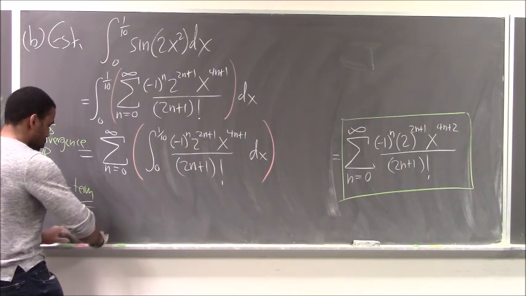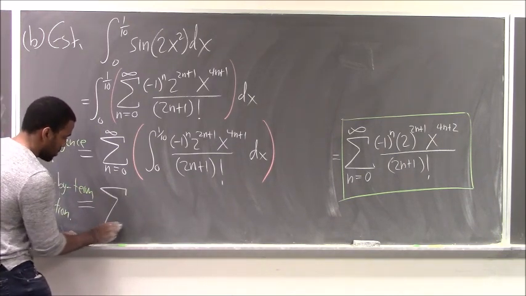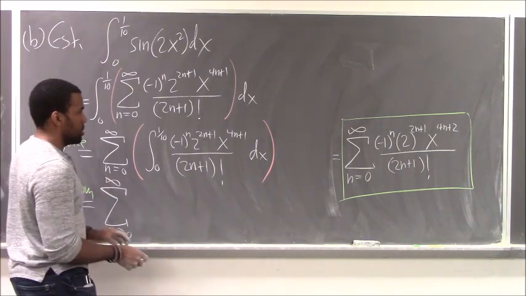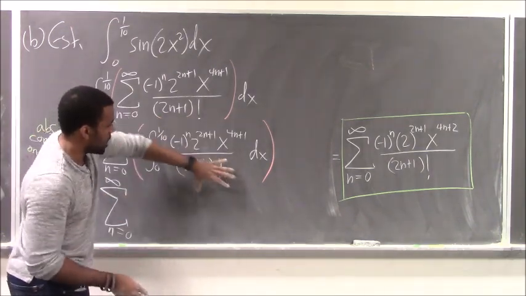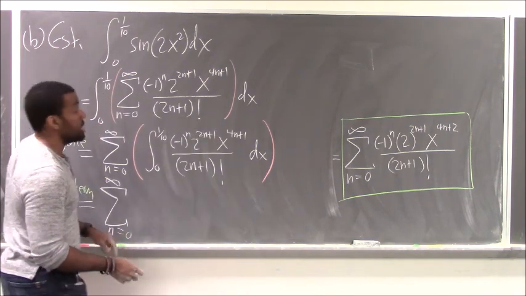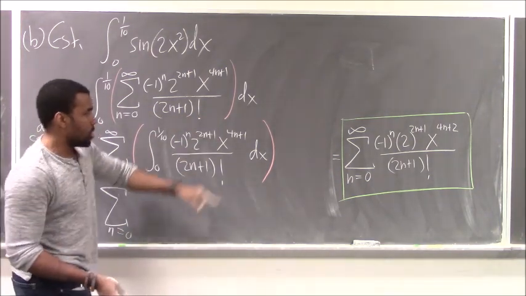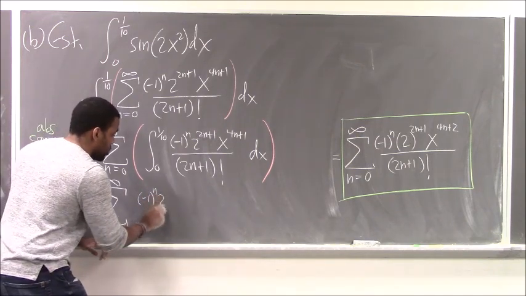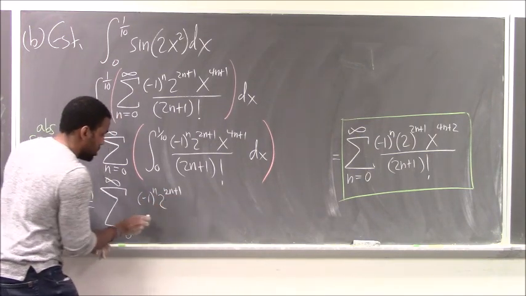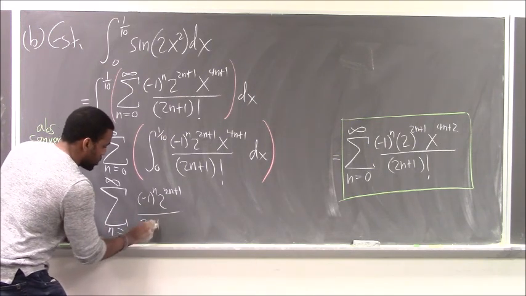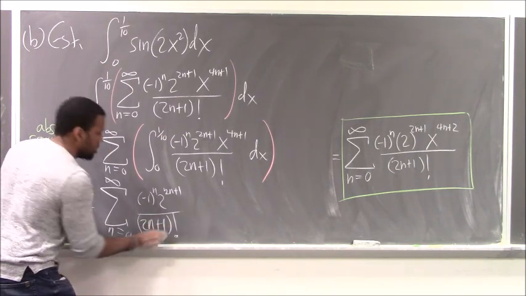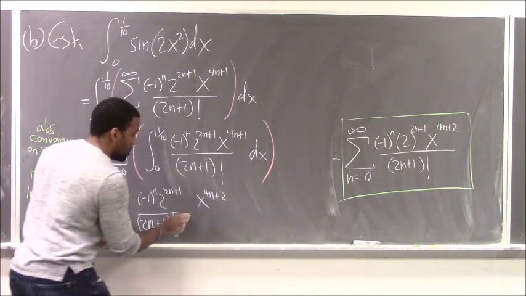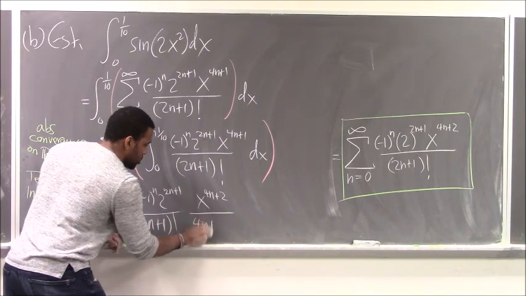That would give you the sum from n equals 0 to infinity of, this whole part here is a constant, so you just integrate the x part. You add 1 to the power and divide by the new power. So you're going to have minus 1 to the n, 2 to the 2n plus 1 over 2n plus 1 factorial, and then x to the 4n plus 2 over 4n plus 2.